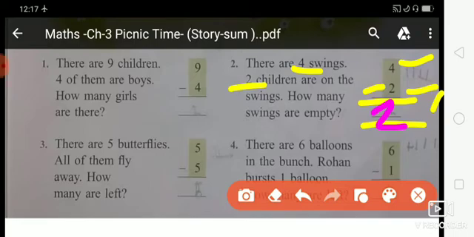So students, 4 swings, 2 children are on the swings, so 2 swings are left empty. Fill the blank with 2. Okay, is that clear, students?